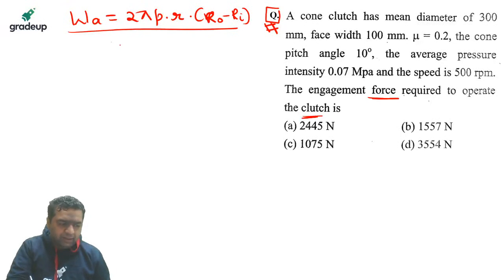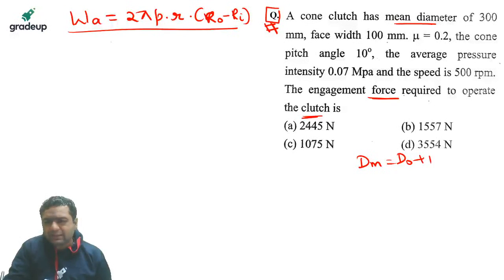When you will be solving it, you will be getting the value. As you can see, mean diameter is already given to you. Mean diameter is d mean, it is d naught plus di, inner and outer diameter by 2, is 300 mm.